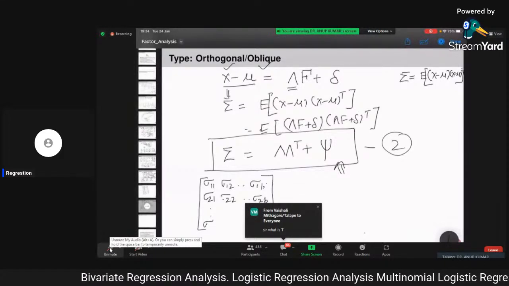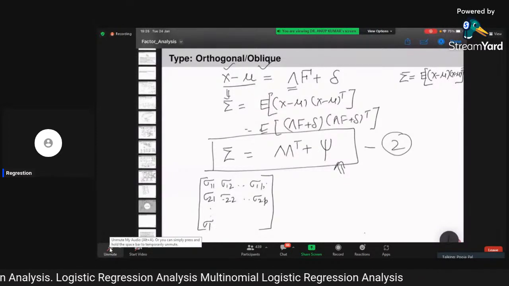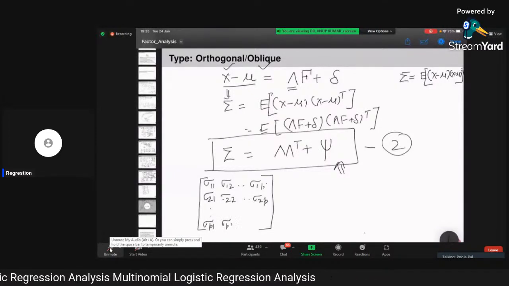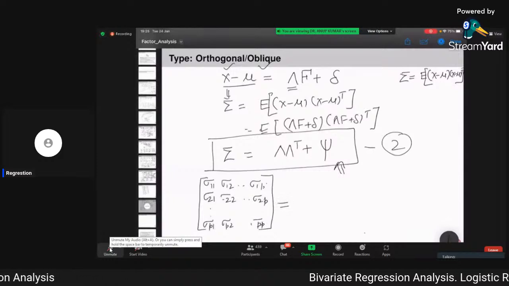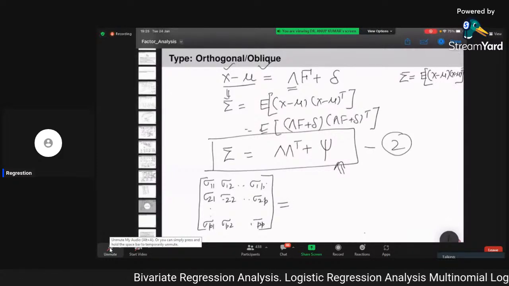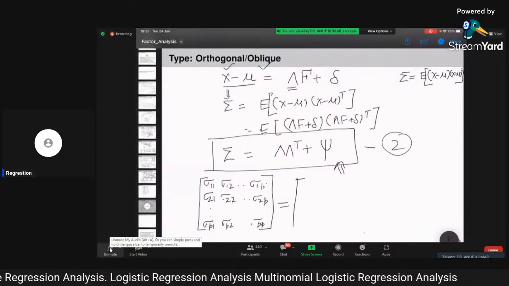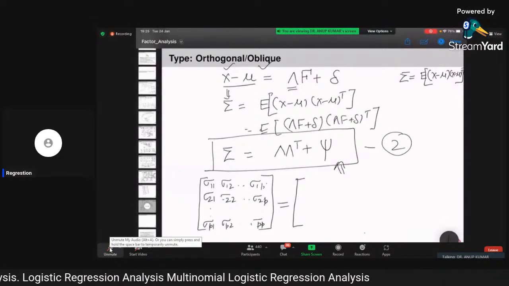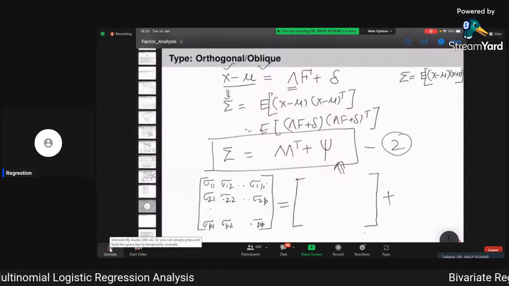P is transpose in the notation. Now this is actually written in terms of these factor loadings and the error term.